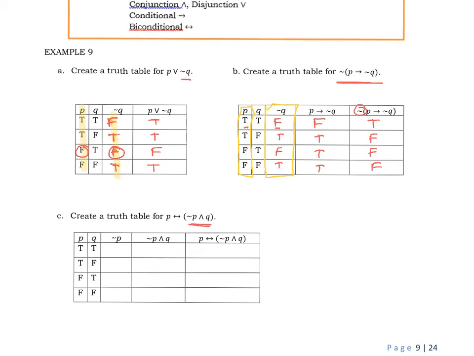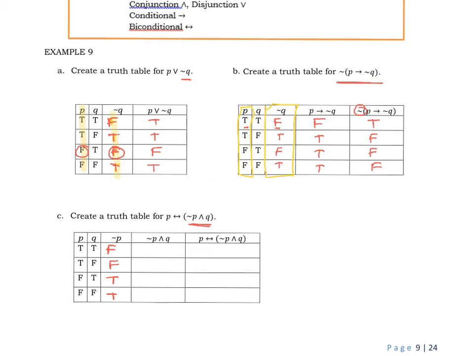And in that, we have to do the not P. So that's going to be false, false, true, true. Okay, so now we're looking for the conjunction of the not P and Q. So the only one that would be true for our conjunction would be true, true.